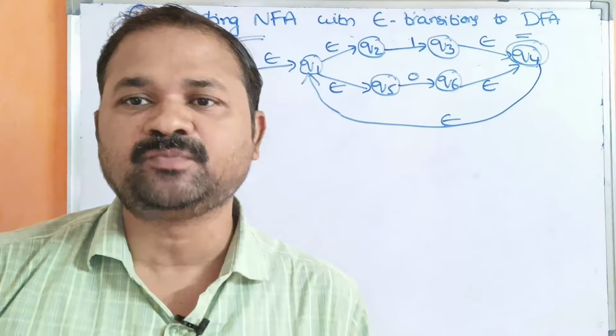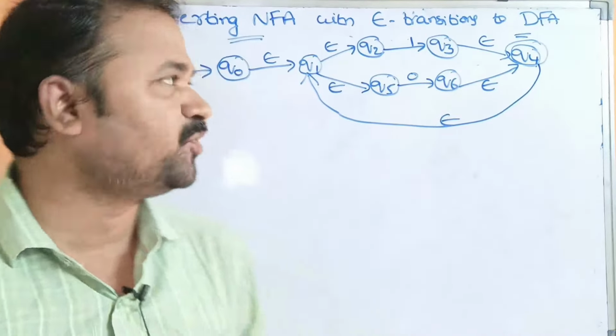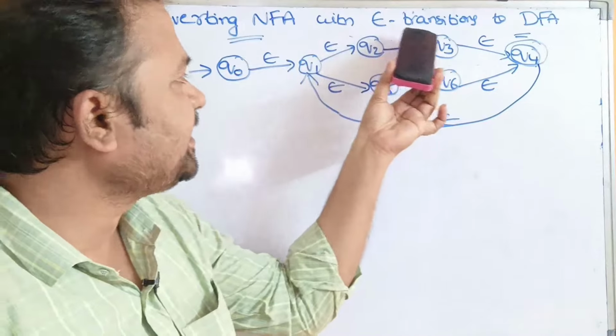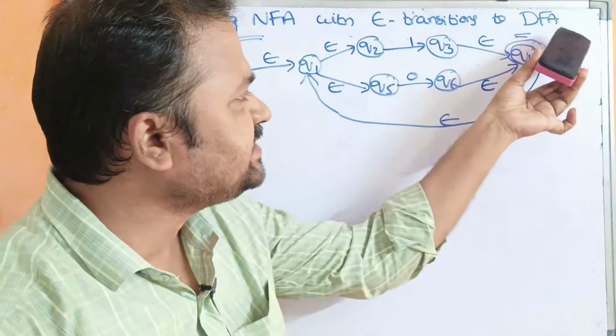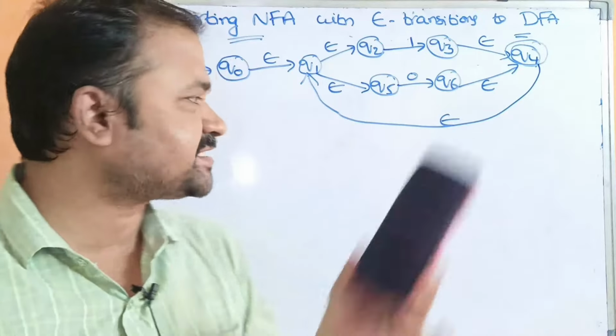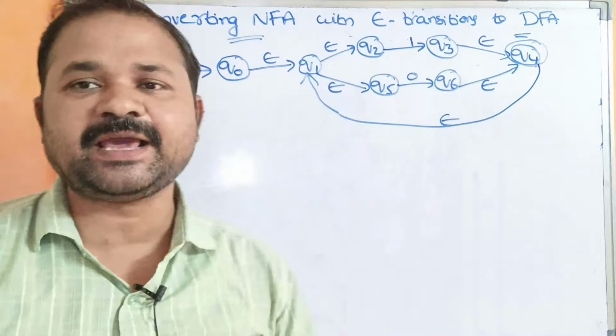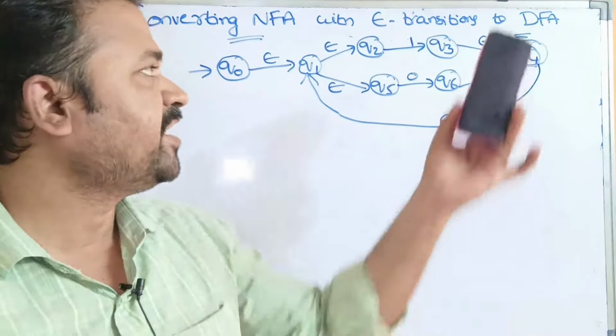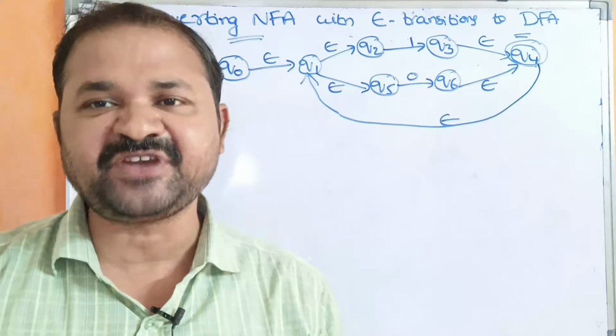In this video, we are going to discuss converting NFA with epsilon transitions to DFA. Here the input is an NFA with epsilon transitions, whereas the output is a DFA.